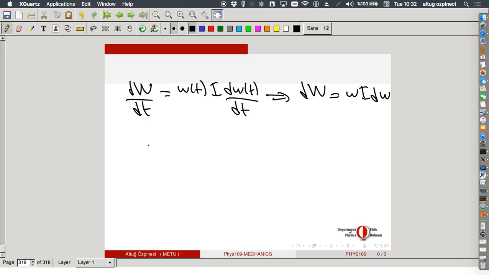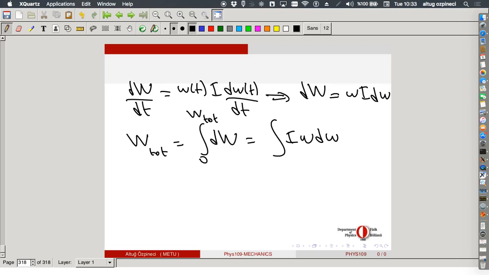Now to calculate the total work done, I have to sum all the small amounts of work that I have done. Initially I haven't done any work, so finally the total work I have done is W total, which should be equal to the integral of I omega dω. Initially the angular velocity is omega i, finally it is omega f.